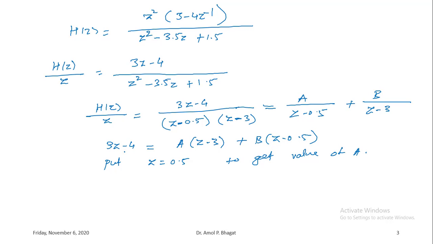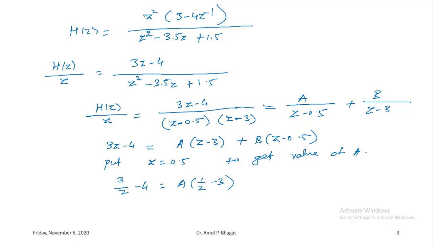So if I'm evaluating this expression, here at 0.5 I can keep it as 3 by 2 minus 4, right, is equal to a times (0.5 minus 3 is 1 by 2 minus 3 in the second term), and this term will be 0 basically.